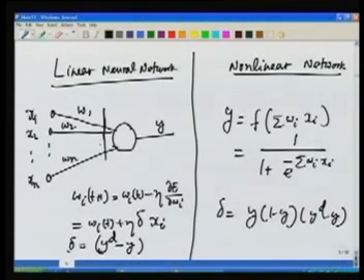So, we saw that the delta for linear neural network is y d minus y, and we computed the same delta for nonlinear network, which is y into 1 minus y into y d minus y. This is the extra term that comes because of differentiation of f. So, you can now appreciate why f has been selected as sigmoid activation function. This is one of the advantages of computation.